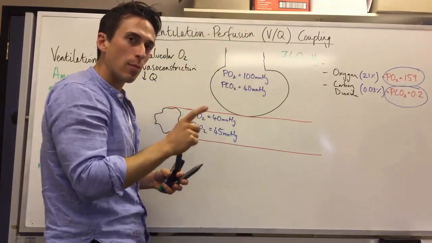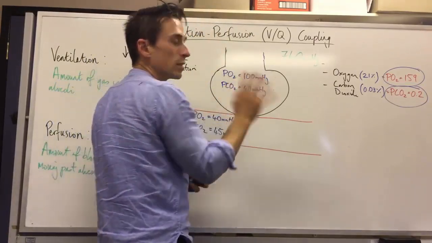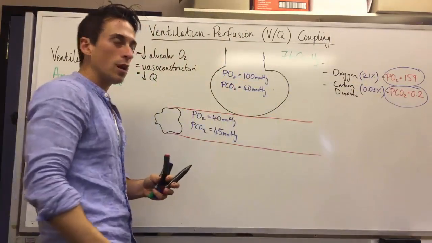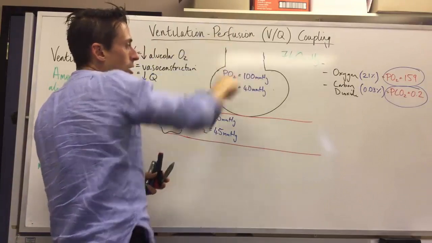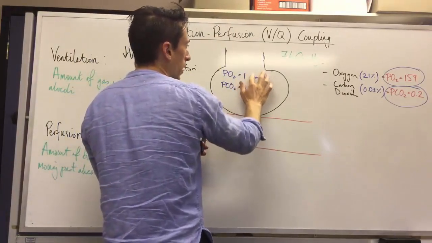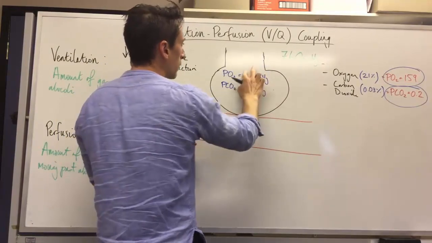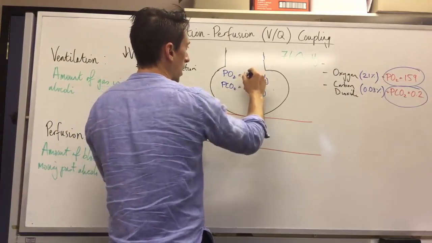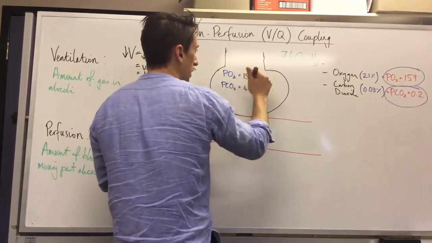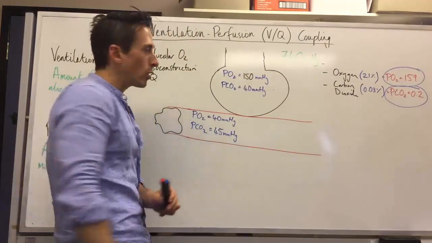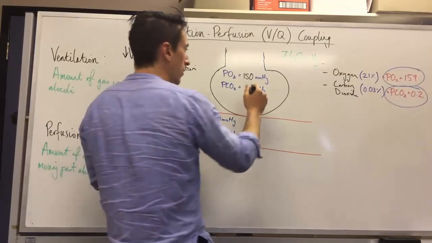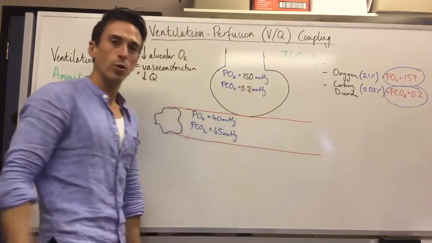Now if that continues to happen, these values start to look more like the values in the atmosphere because nothing's been exchanged, right? So as you breathe in, out, in, out, what you'll find is that the oxygen is no longer 100, it starts to shift its way to 159, let's just say 150 because it's not going to be exactly, and the carbon dioxide shifts down to nearly zero, so virtually 0.2 millimeters of mercury.